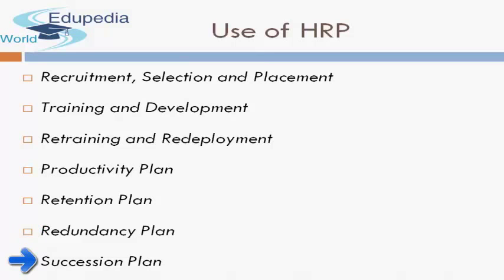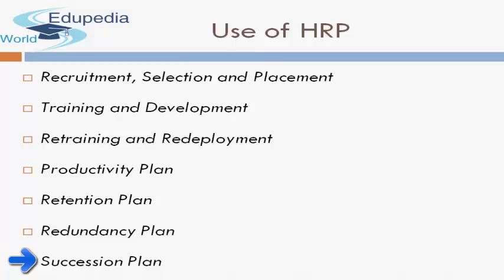Succession plan. For example, if your head HR is leaving, then prior to that, maybe 2 months prior, the company will make sure that a junior-level employee, let's say the AVP if the VP HR is leaving, is trained to take the VP position. That is called a succession.